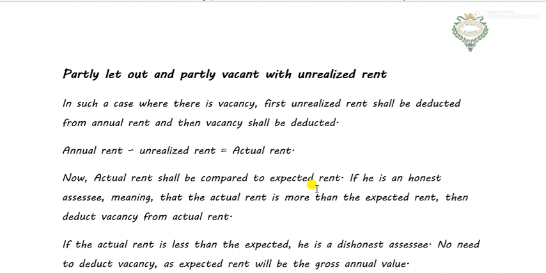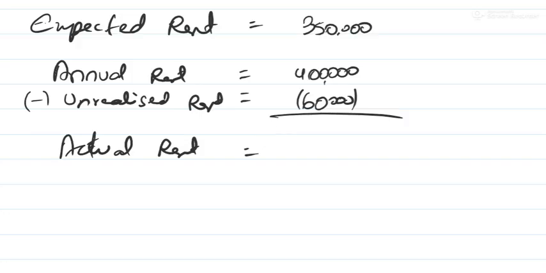Now another new concept. Do you remember when there was unrealized rent? What did we used to do? Suppose the annual rent was 4 lakhs and the unrealized rent was 60,000 and the expected rent was 3,50,000.